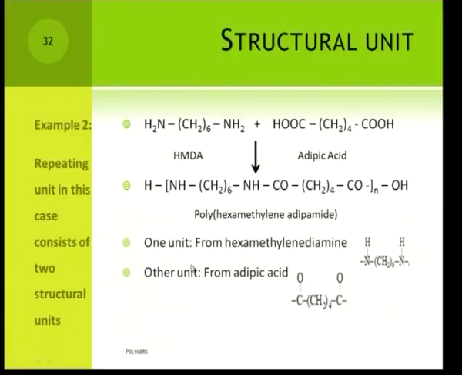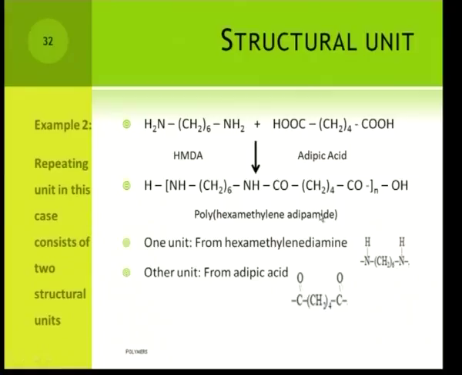One structural unit comes from the hexamethylene diamine monomer, which is NH(CH2)6NH, and the second part comes from the adipic acid monomer, which contains C double bond O, CH2 4 times and C double bond O.